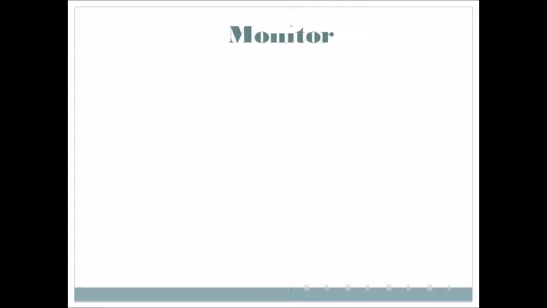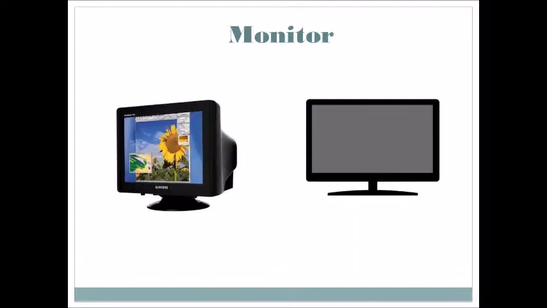The next is the monitor. The monitor is such an important component of the computer system, which gives us the output of the result produced by the computer. It is also known as a VDU, a visual display unit. The monitor comes in CRT and TFT models.